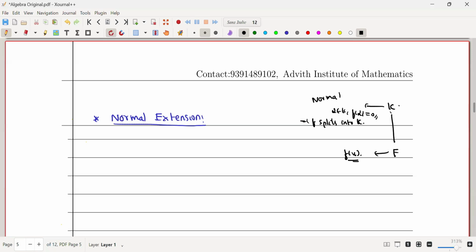So that means f splits in K, either linear or non-linear factors. So every root of the polynomial f(x) must belong to K, then K is called a normal extension.